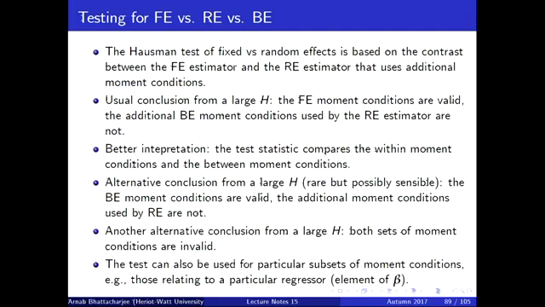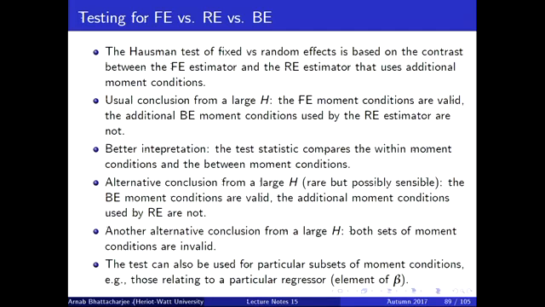Why? Why might that be the case? Well, that might be the case if you have unobserved heterogeneity, but that unobserved heterogeneity is not fixed or stable over time, right? You are missing something in your regression model which is changing over time. Okay? So that is possible.